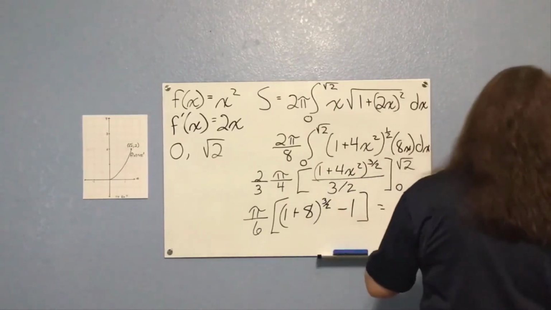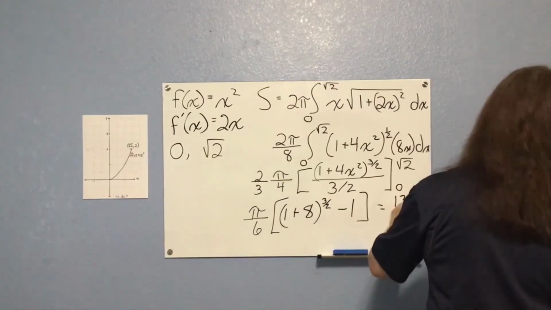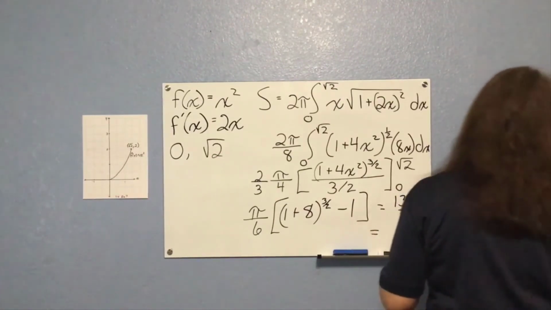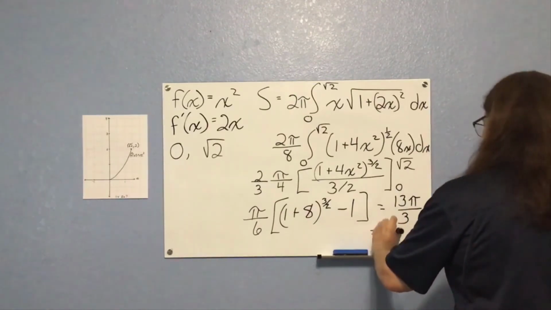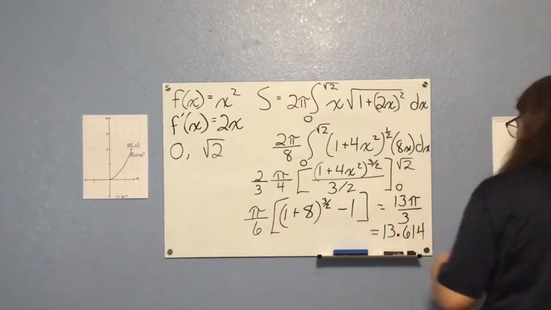And my final result is 13 pi over 3. And if I change that to a decimal, I get 13.614.